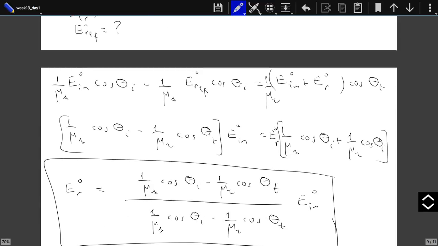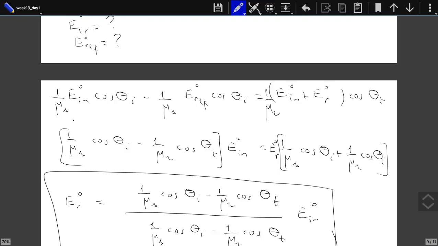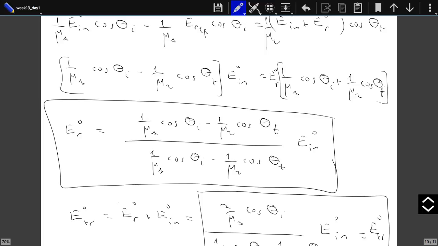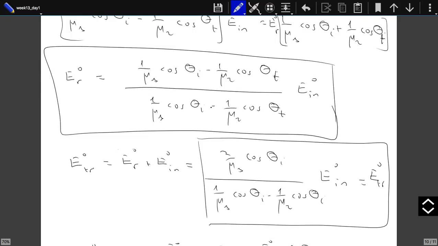Let's see, E incident has this minus sign, E reflected comes with a plus sign. Let's see, mu2 is cosine theta transmitted. So E reflected has this relation. Well, that doesn't seem to be a problem there. Now E transmitted will be just E reflected plus this one. Hold on, this is a plus sign over here.